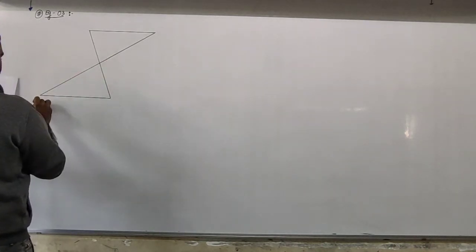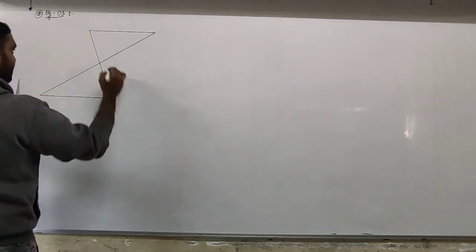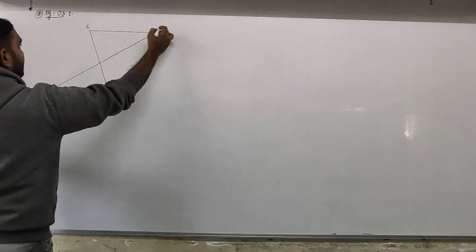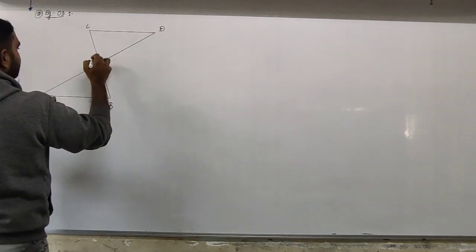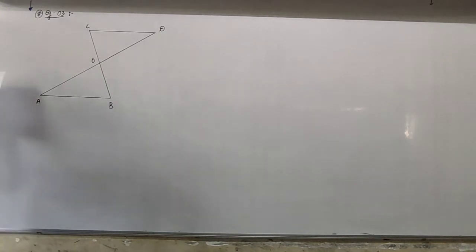Let me write down. Here it is A, B, then here it is C, here it is D, and here it is O. What is given?